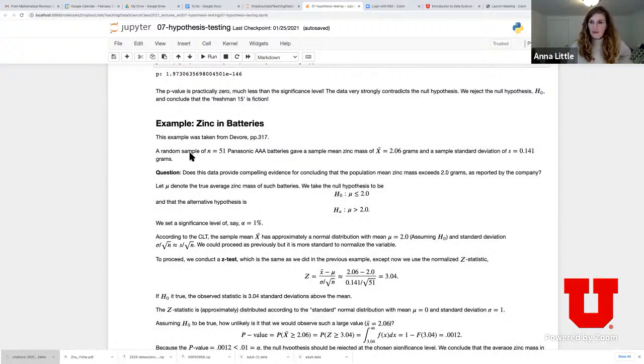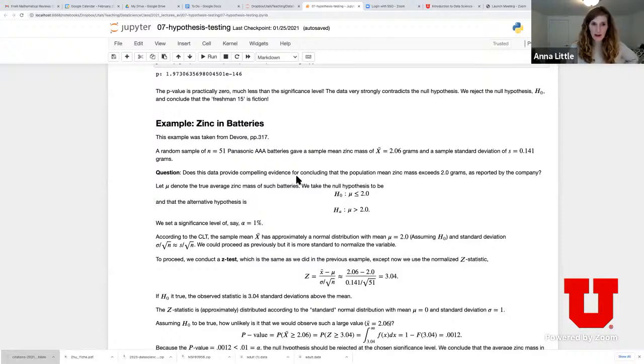Okay, let's take a look at the following example. So let's say we have a random sample of 51 Panasonic batteries, and we have a sample mean zinc mass of 2.06 grams and a sample standard deviation of 0.141.